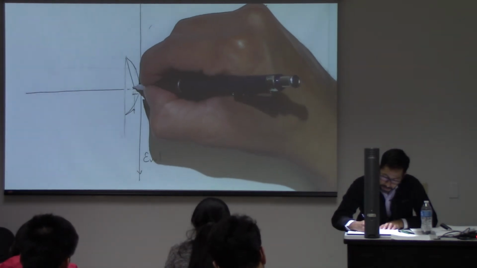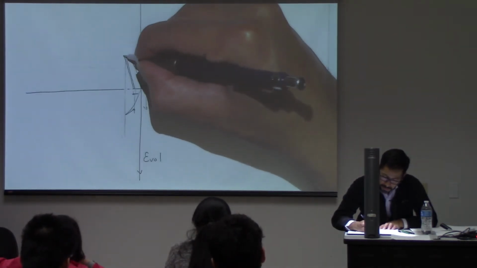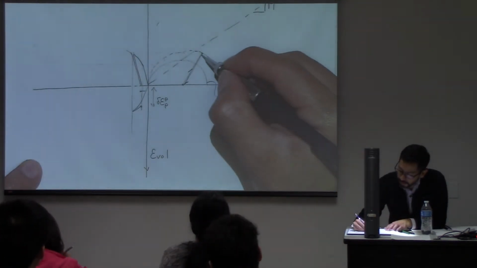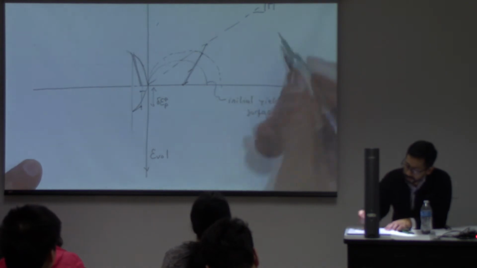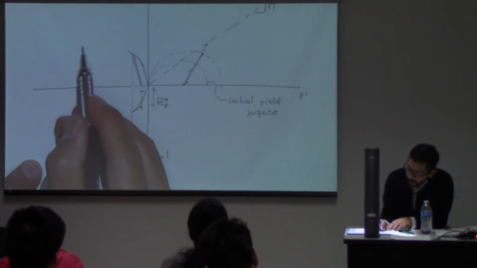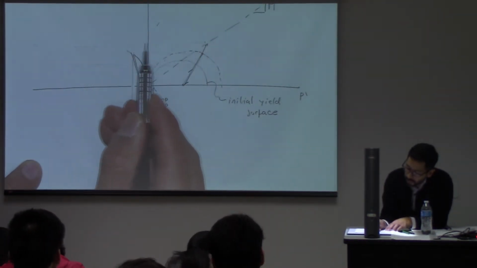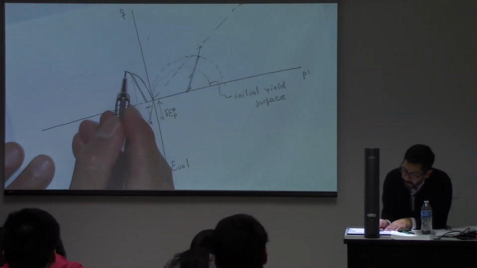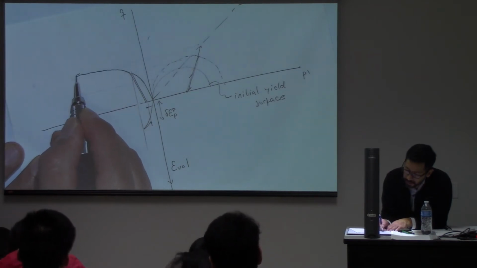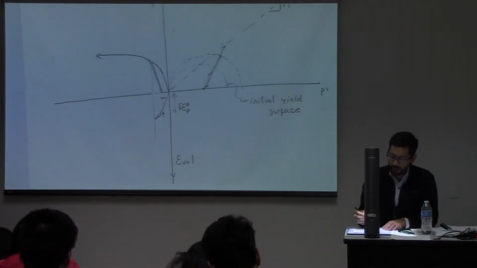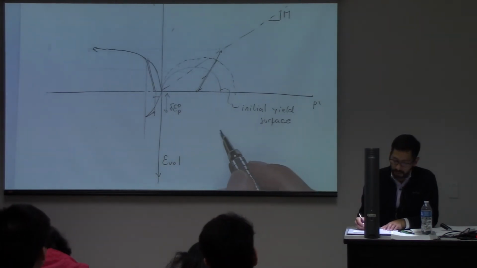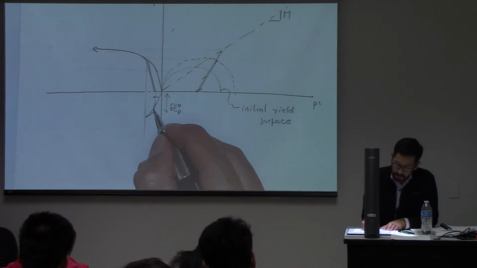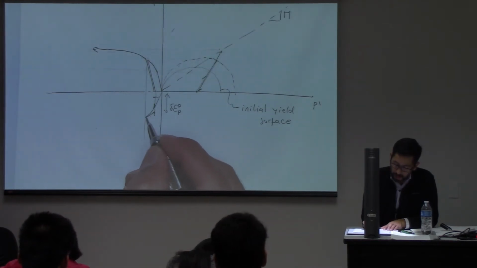So as you come back, now you will pick up again this line, and let's say that we continue all the way over here, and you will pick up this line, and if you go into the critical state line, it will just go in this direction. And if we pick up this one from here, so this goes in this direction, loading, unloading, and reloading.